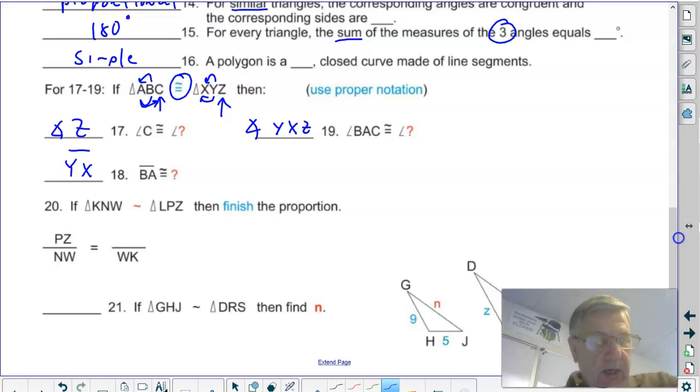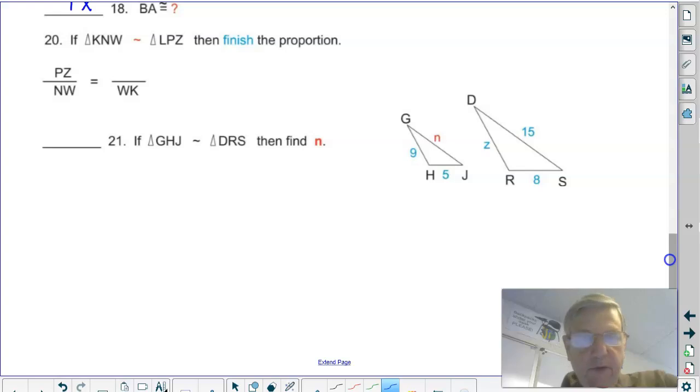Okay, number 20. So let me go higher here and focus on this one. If now we're looking and we understand that that's the symbol for similar triangles. So similar triangles, all right. And so what do I have here? If triangle KNW is similar to triangle LPZ, then finish the proportion. Okay, so watch what happens.